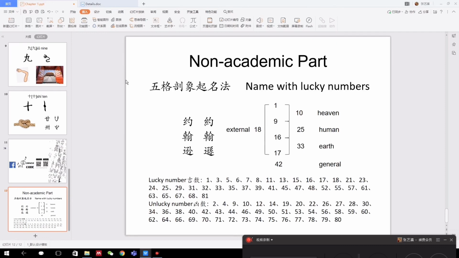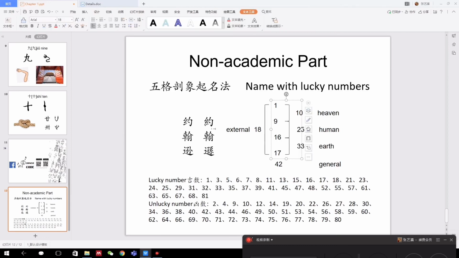It is called 五格剖象起名法. First, you need to have a name. If your name is of 3 characters, you need to count the strokes of these 3 characters, the strokes of the traditional writing. For example, Yue has 9 strokes, Han has 16 strokes, Xun has 17 strokes.